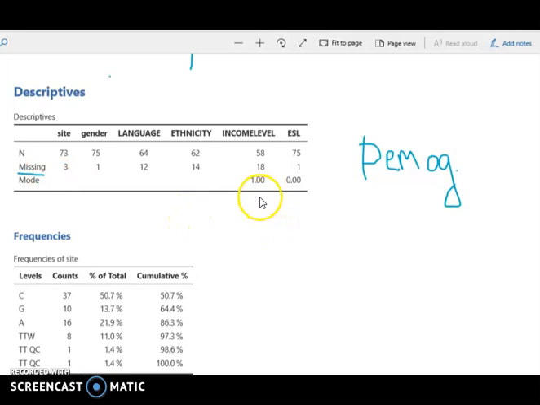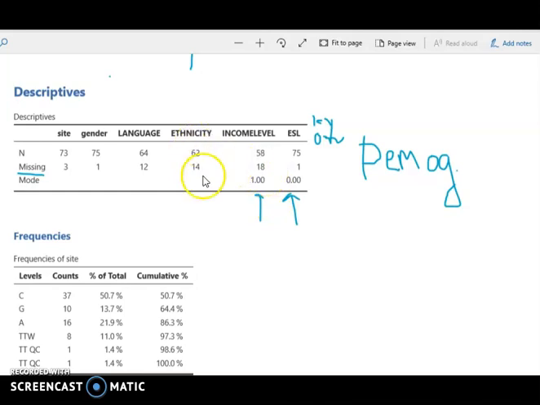For income level and English as a second language, 1 equals yes and 0 equals no. You can see the majority of people do not have English as a second language. Income level had 3 different categories. You can refer back to the sheet, but the most common was the lowest income bracket for the categories that were given. Again, some people chose not to fill that out.